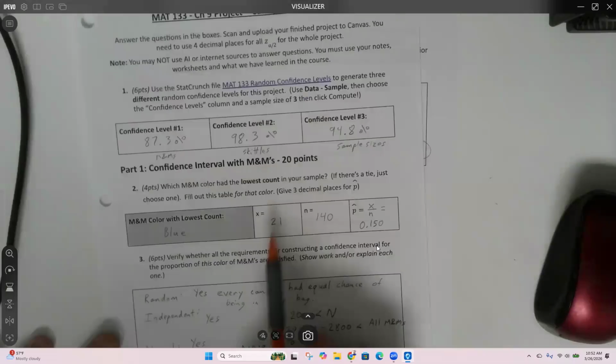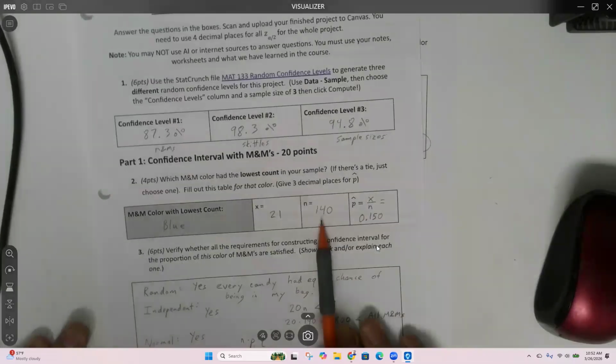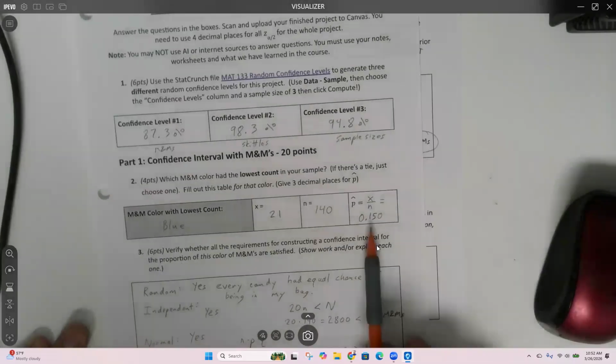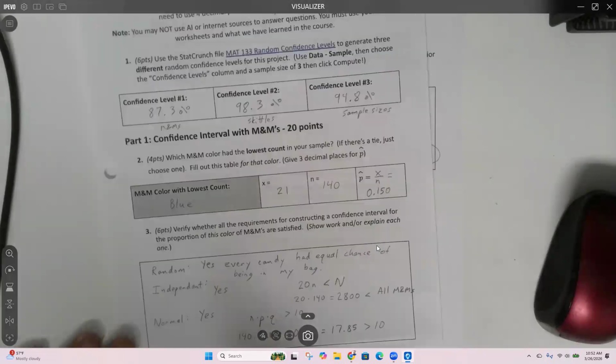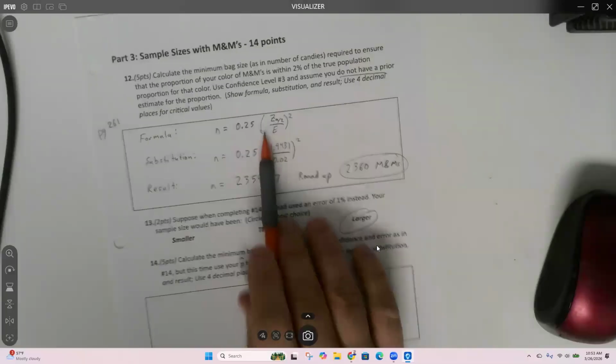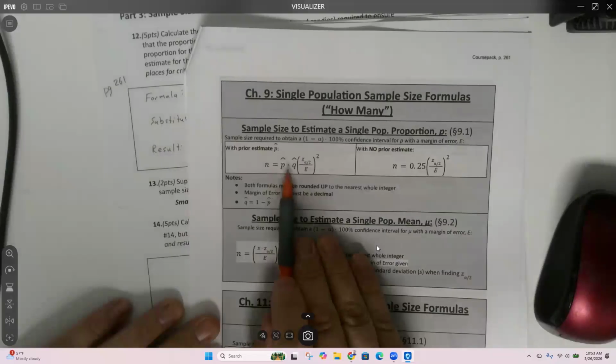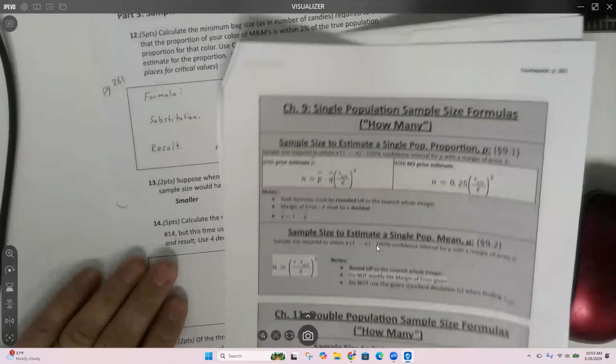We did a sample size of 140 M&Ms or however many was in your bag, and I got a p hat, and we said, oh, well, that gives us a margin of error that's too wide, or there's a problem with it, like maybe this is a no. We need to redo this and get a new sample. Well, I already have a prior estimate. So I shouldn't have used that formula. I should have used this formula. This formula is what you use if you have a previous p hat, which in this case I did. So let's use that one instead.